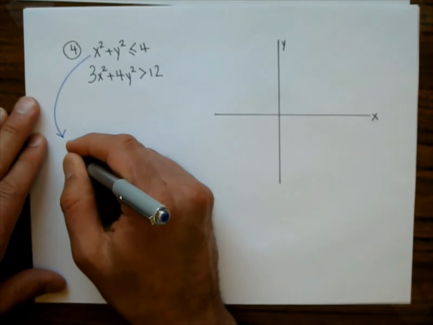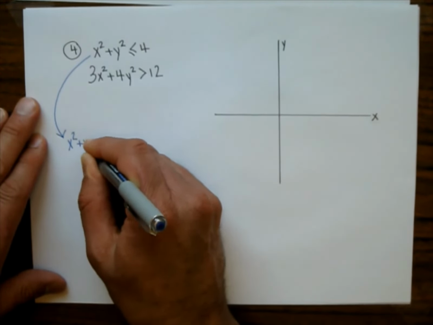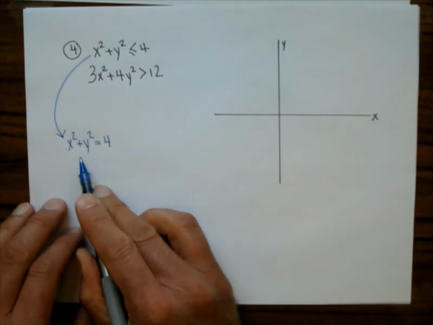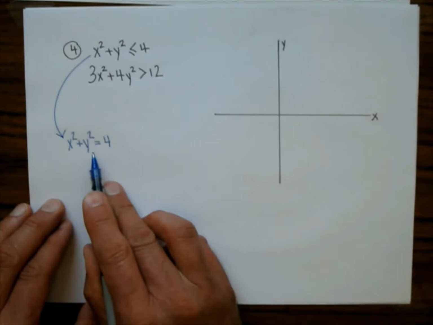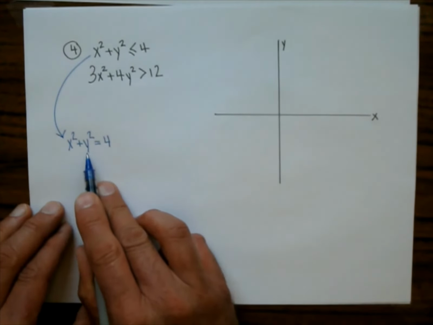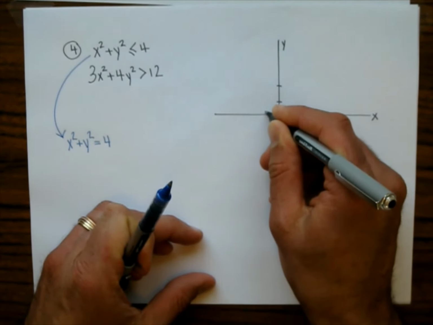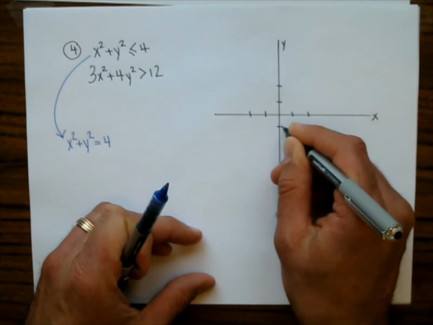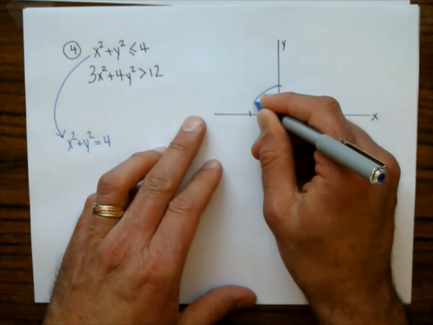So when you have an inequality and you have to graph it, the first thing you want to do is change it to an equation and graph the equation. X squared plus y squared equals 4, which is a circle with center 0, 0 and radius 2. So that is what I'm going to draw. And once again, you could be looking back at the drawing that I did on the last problem. It'll be very similar. So I'm going to go ahead and draw this.